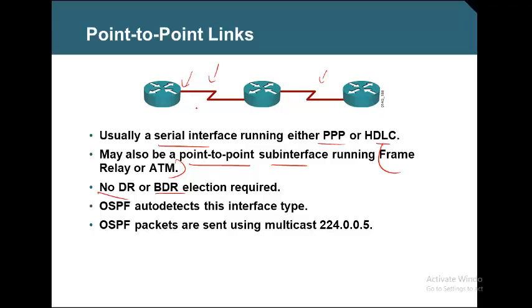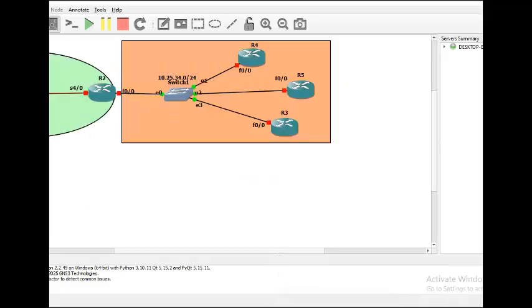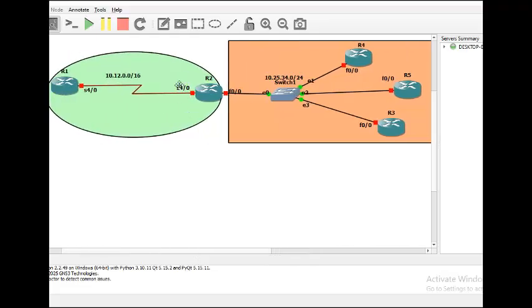Have I shown this to you? Network type point-to-point under interface. No? All right. So in this topology, if you see this side of router 2, it will show you point-to-point. And on this side, it will show you broadcast. Let's see that.